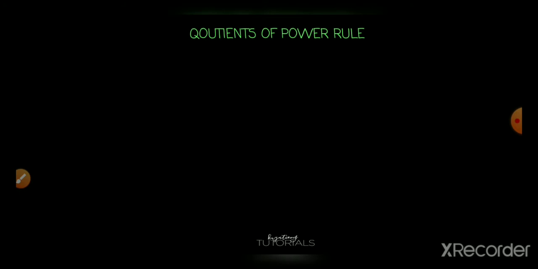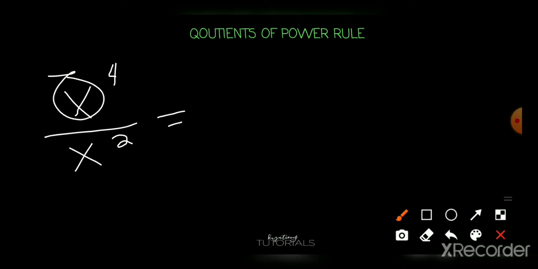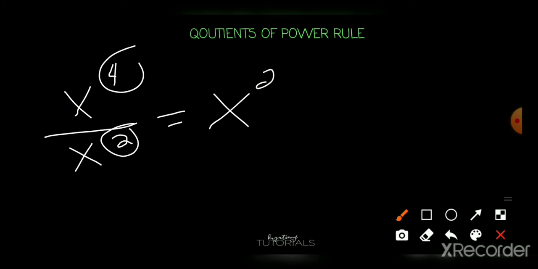So for example, let's have x to the power of 4 divided by x to the power of 2. Since they have the same base, copy x, then subtract the exponents: 4 minus 2 is 2.